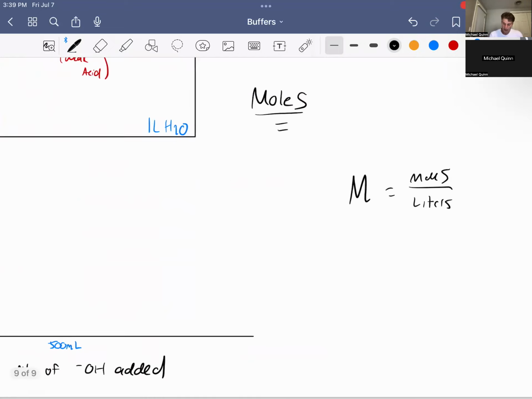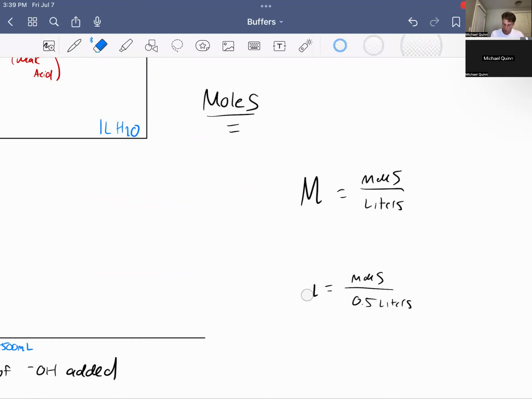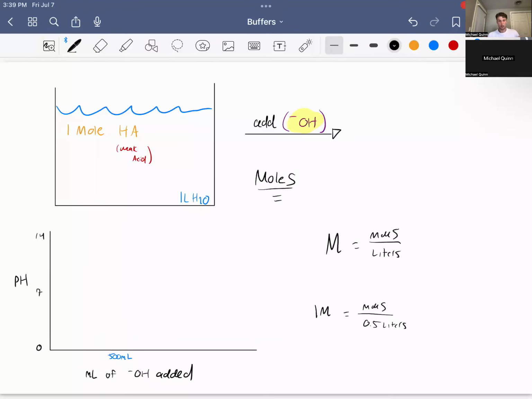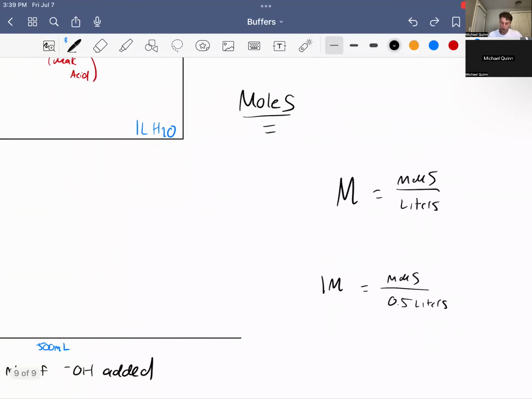So we know that it is a 500 milliliter value that we are adding, which is 0.5 liters. And let's say we're working with a 1 molar solution. So the OH minus solution that we are adding is always going to be 1 molarity. The only thing we are changing on this x-axis is how many milliliters of that 1 molar solution that we are adding in.